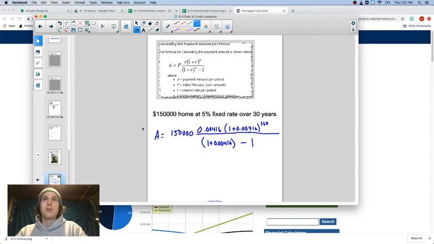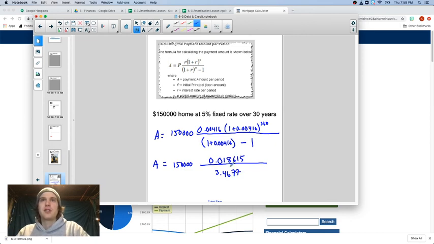I think you end up getting in the top, let me write this again, 150,000. I got something like 0.018615, and in the bottom you get $3.4677 roughly.